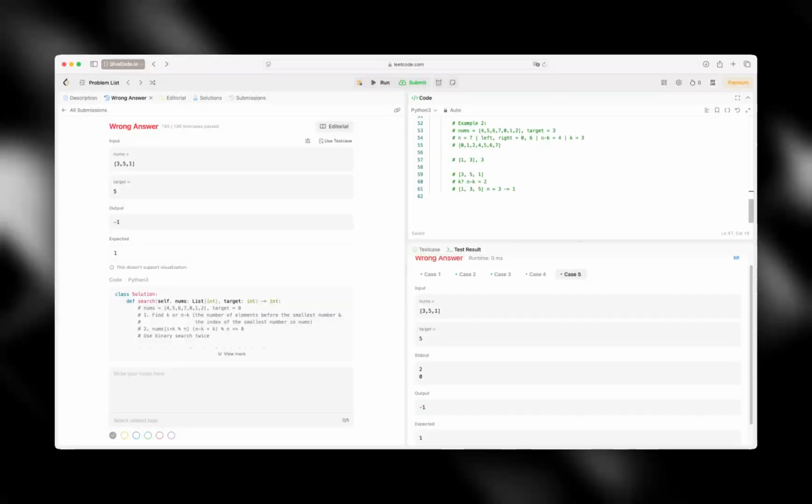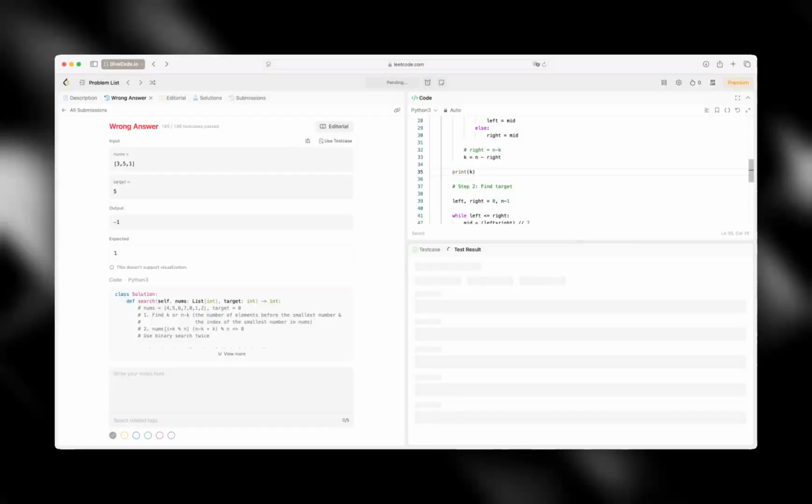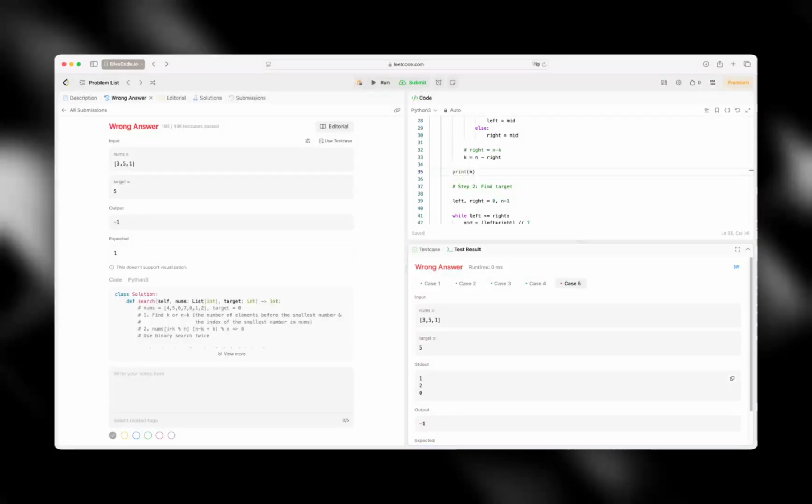Real mid is 2. We got 2, right? I mean, sorry, print k first. Print k is equal to 1. Oh, there's a problem here.